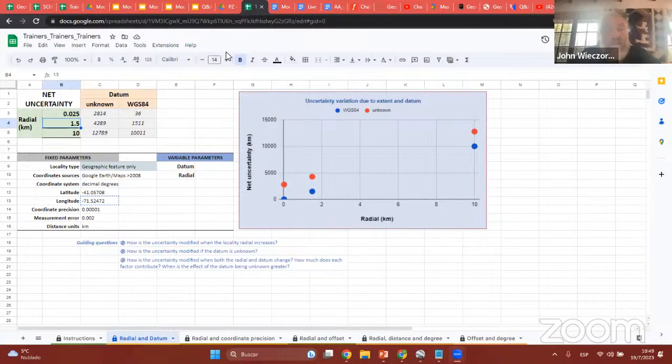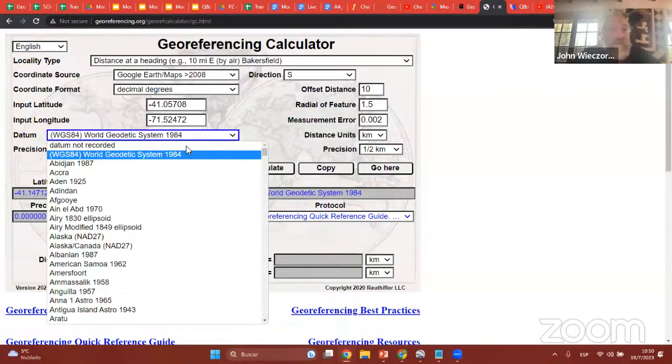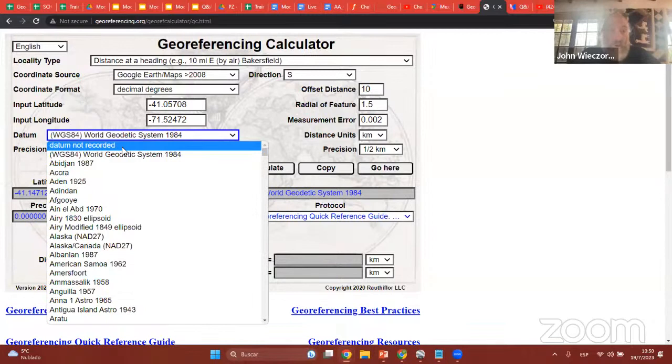The sad fact is we have no way, except under very specific circumstances, to know what the datum was. There's no way to know. And if that's the case, all we can do is in the calculator say that the datum is not recorded.